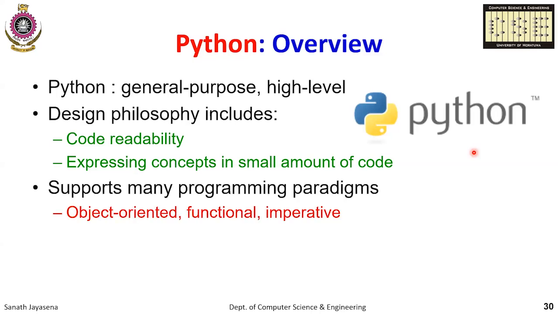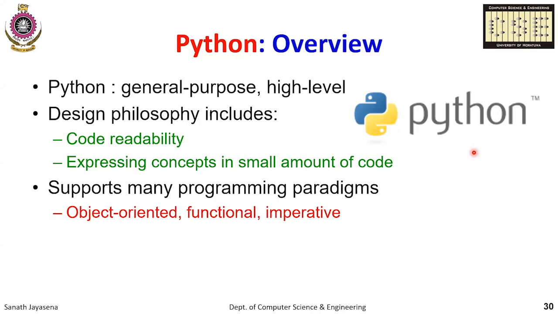Of course, while it is general purpose and high level, it can also be used in different kinds of programming, what we call programming paradigms. Paradigm, let's say in another word, means programming styles. There are various different ways or styles that people do programming, and certain languages have been developed according to these paradigms.